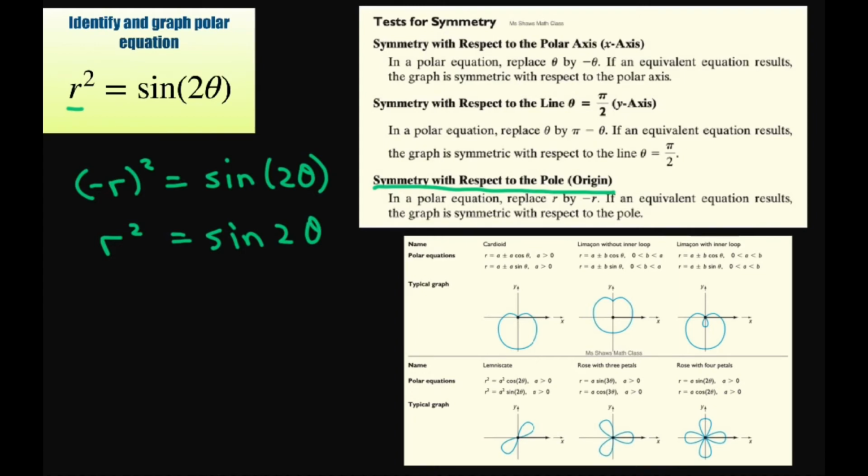Our graph is symmetric to the pole. So that means we're going to go ahead and assign values of theta from 0 to pi. And this is what a Lemniscate looks like, something like this. I think ours is going to look exactly like this one. So let's see what we get.